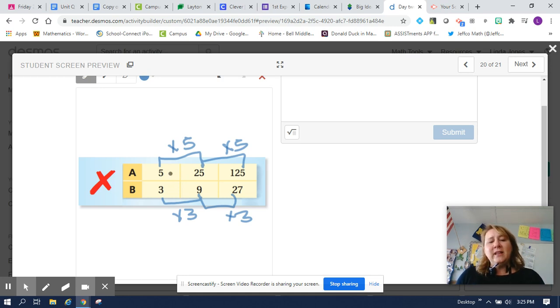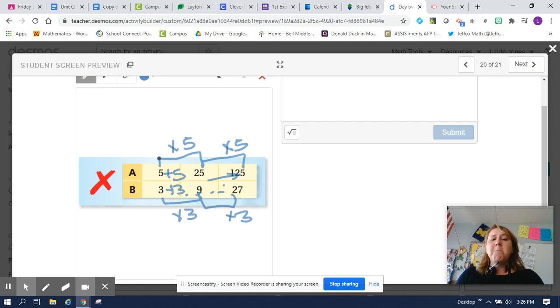If they would have done a +5 and a +3 and kept going all the way out to 125, so 5, 10, 15, 20, 25, 30, 35, 40, 45, 50, all the way out to 125, and on the threes, 3, 6, 9, 12, 15, all the way out to 27, then it would have been okay.